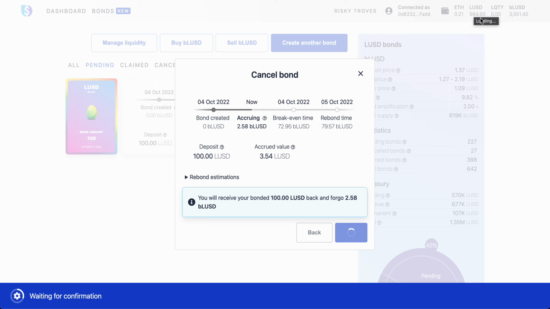And you will see our LUSD balance increase. Just wait a second for the confirmation for the transaction to go through. And then you'll see that we'll be left with 0 pending bonds.